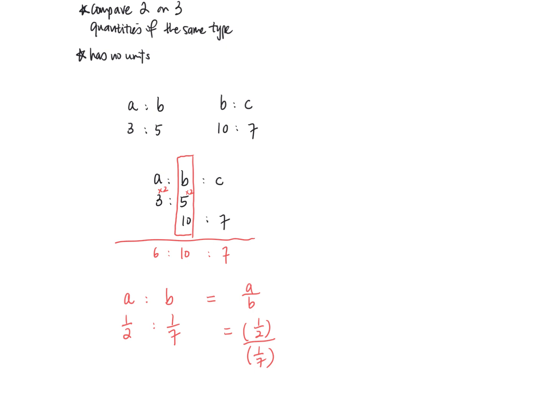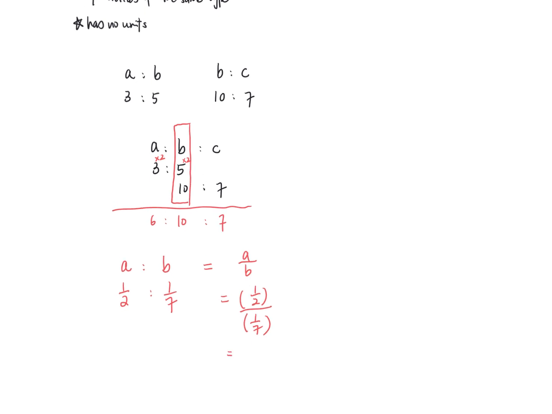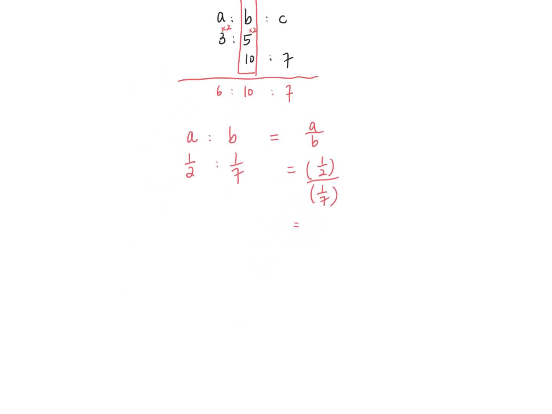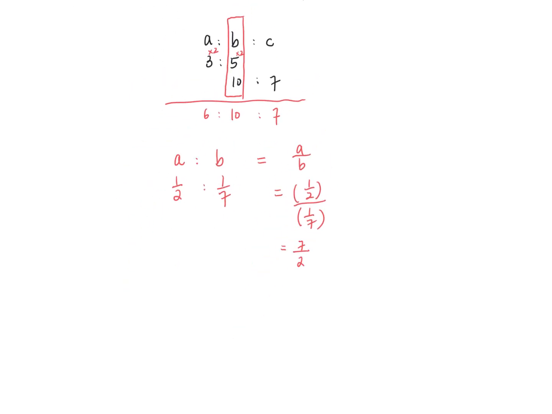And then what does the calculator give you? Can you take out your calculator and key this in? What does it give you? 7/2. Your calculator will give you this. So if you convert it back, it's actually 7:2.